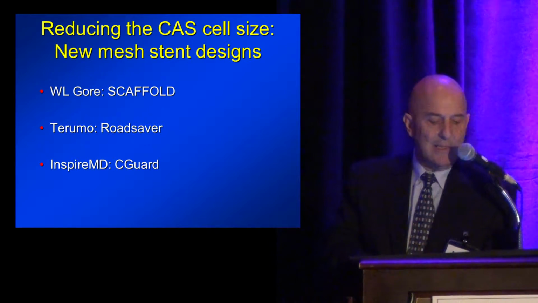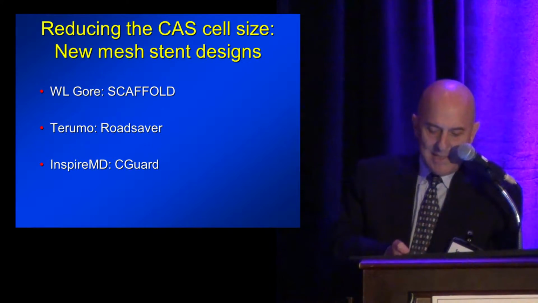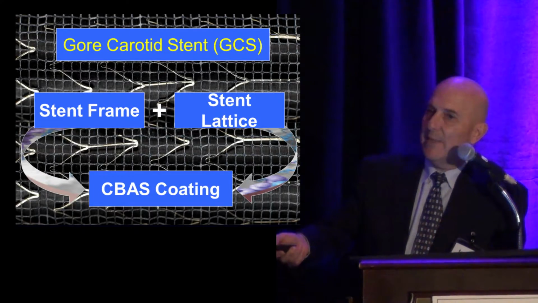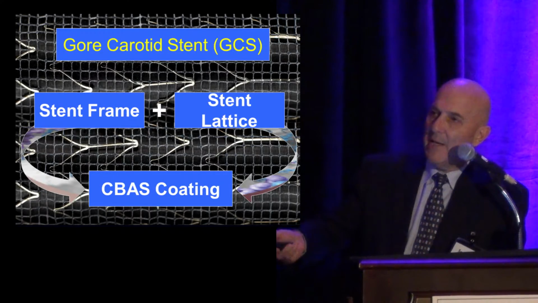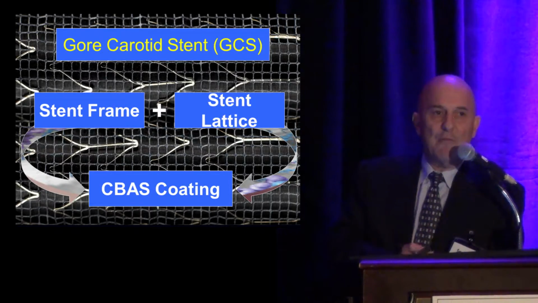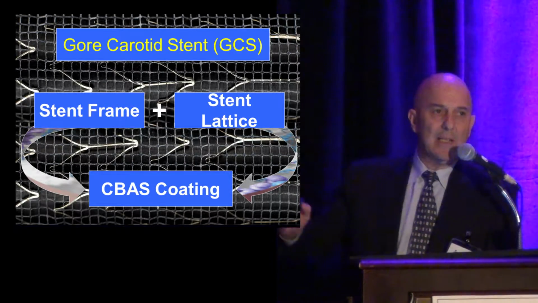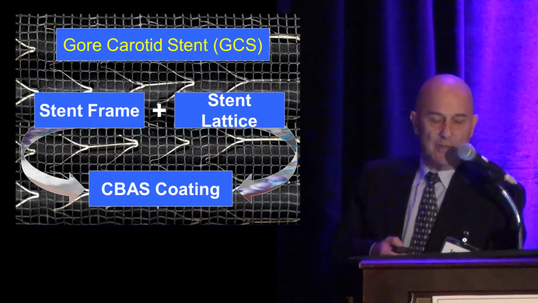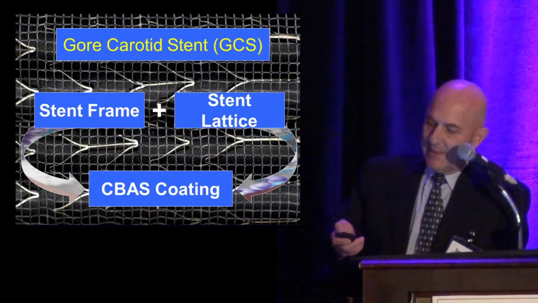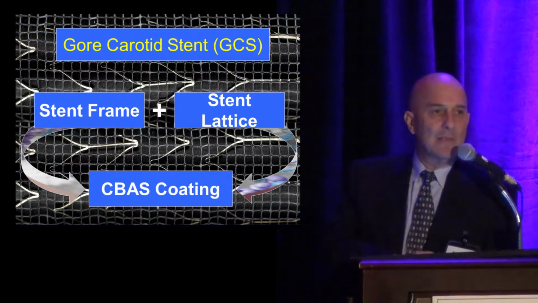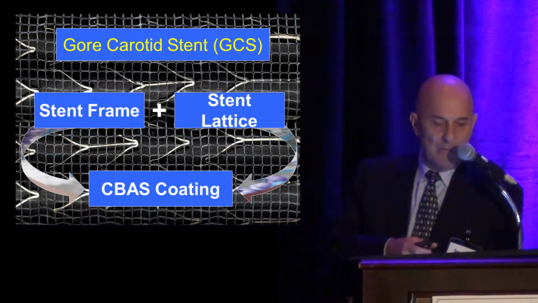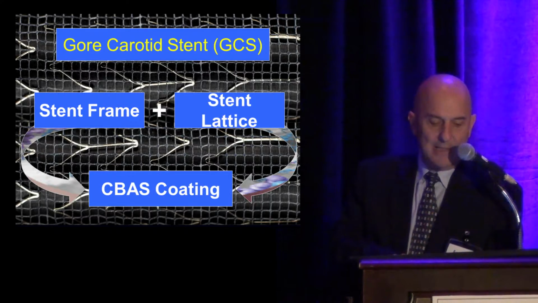The Gore carotid stent is a stent frame with a stent lattice, and this is how it looks. You see the stent, it's open cell, very flexible, and then you have this PTFE mesh or lattice, which is 500 microns, that will protect the patient from having plaque protrusion. And all this is covered with CBAS, which is a coating of heparin that prevents thrombus formation on the surface of this stent.